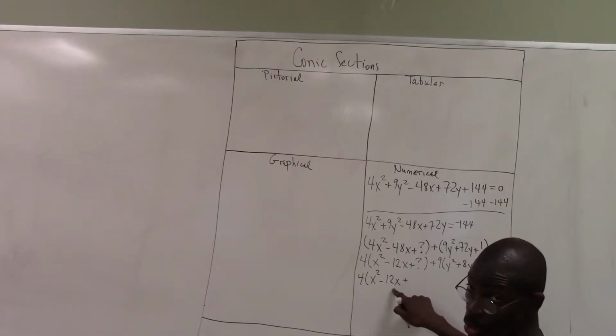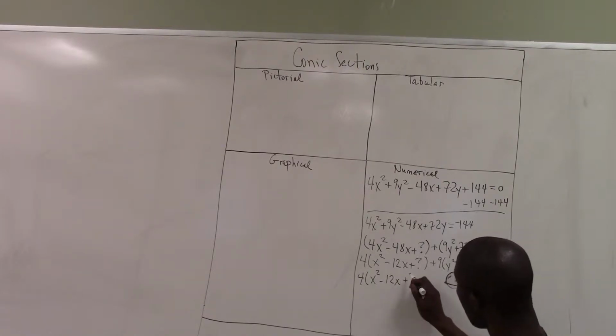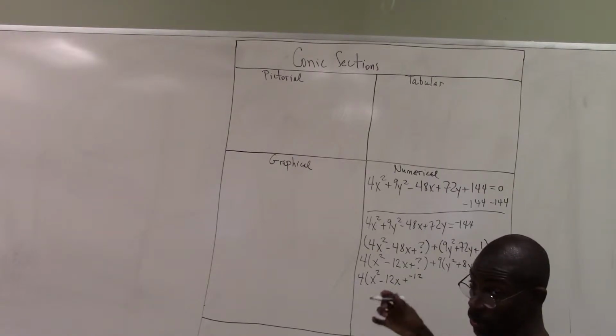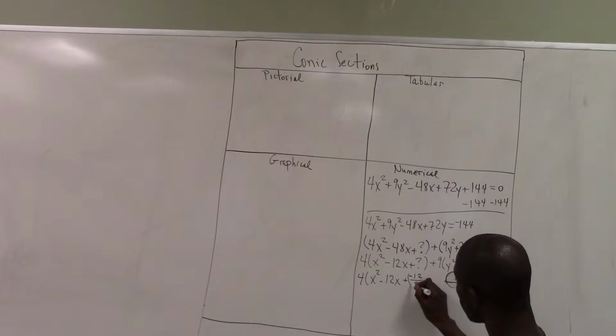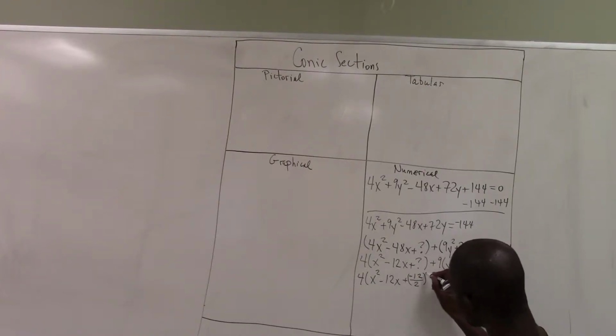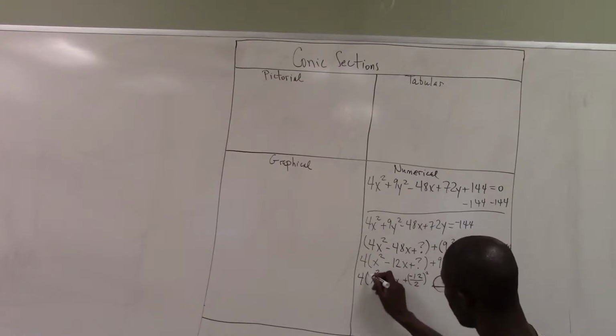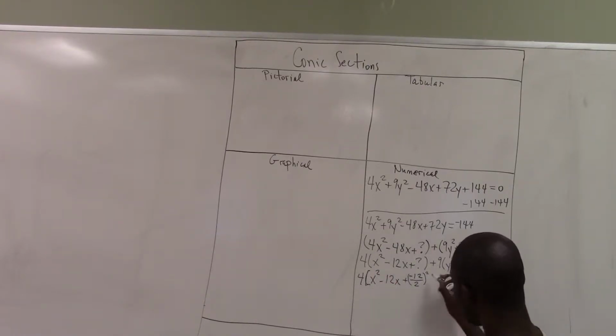This is the linear term because its exponent on this variable is an invisible 1. I'm going to take half of the linear coefficient. And again, the coefficient is the number in front of the variable. So I'm simply going to do negative 12 divided by 2, and then I'm going to square that. And I'll write this inside brackets so that you can keep up with what's the parentheses now.